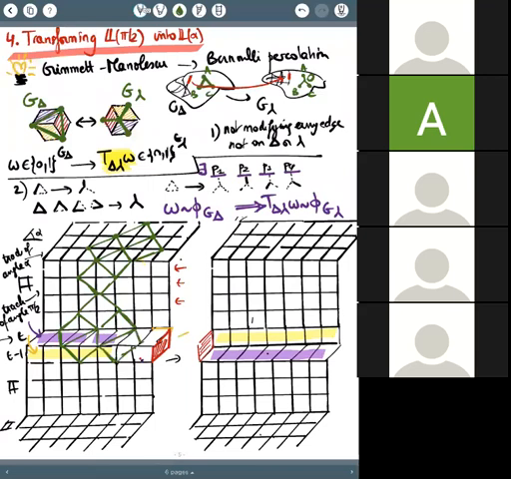And imagine that very far on the east side, you add this red edge like that. So now here, if you think about it, you have a triangle. So what can you do? You can just modify this triangle into a star triangle transformation.